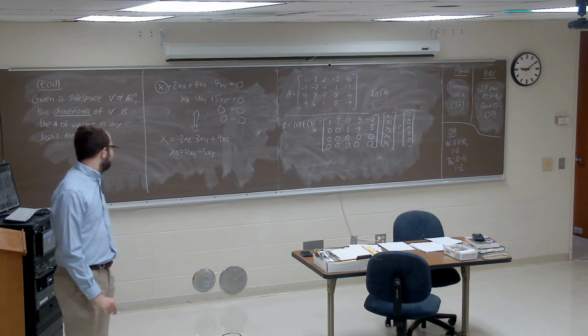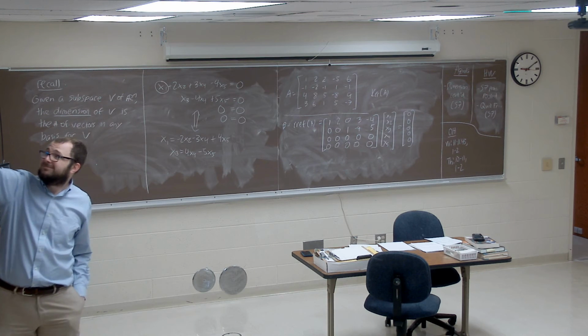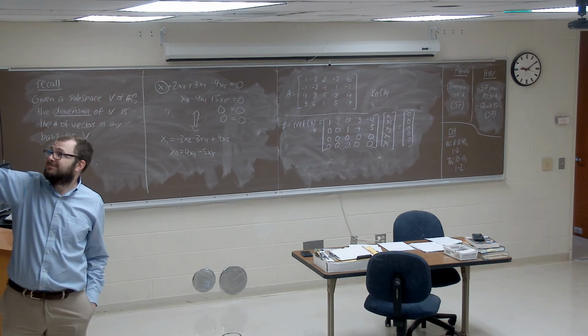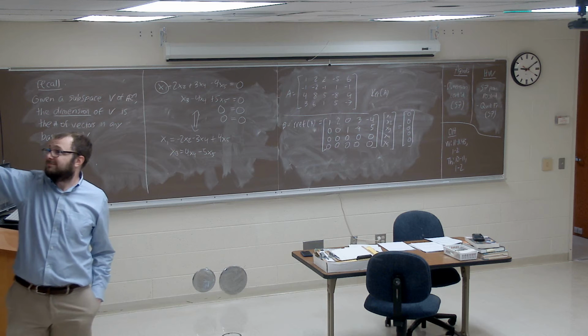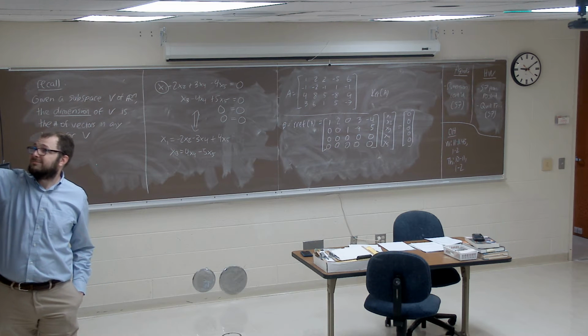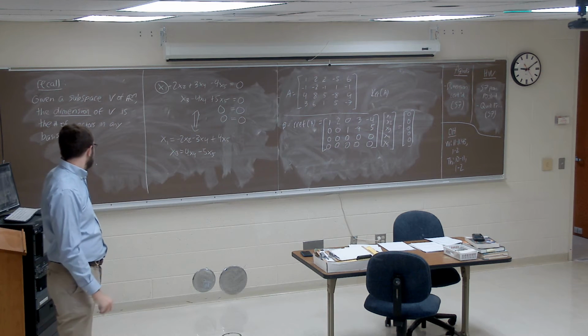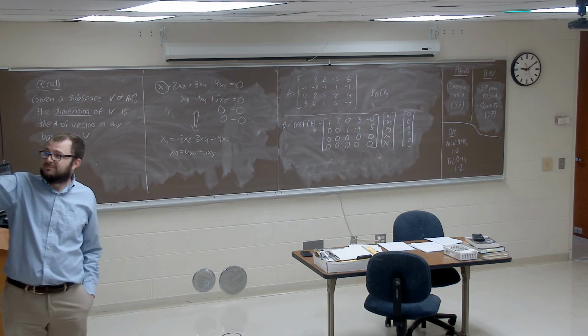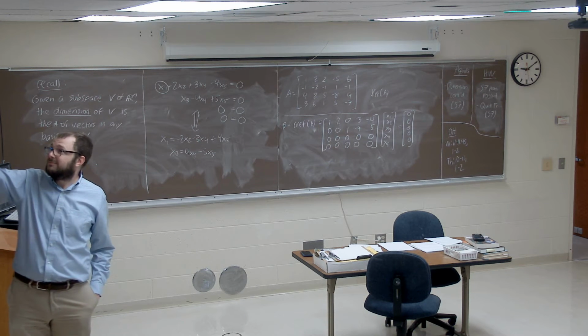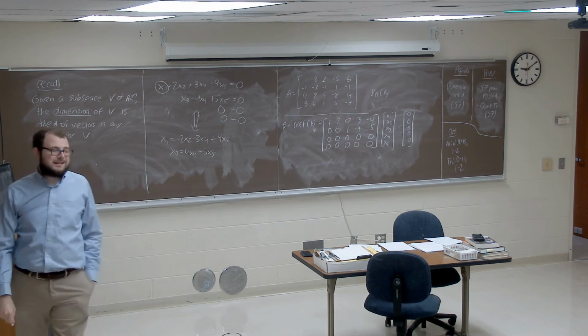So then x1 is negative 2t minus 3s plus 4g, and then x3 is 4s minus 5g. I like it.